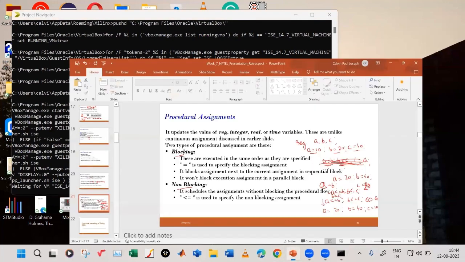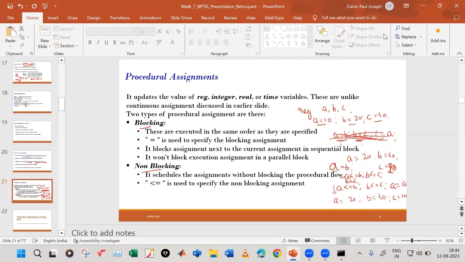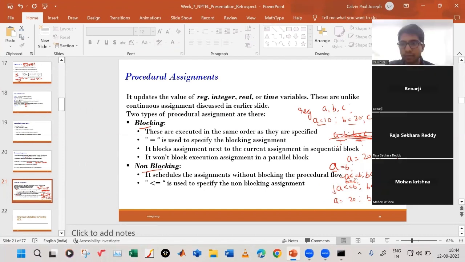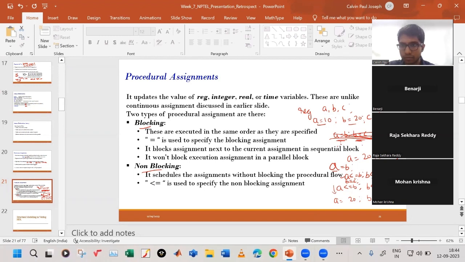What about the others? Have you installed Xilinx and are you using it? I have not installed it, but can you share how to install it, if you have time in this meeting? Is there any PPT kind of thing? I actually don't have any PPT. In last week's session, Tejas sir explained how to install, but that was for Windows 10. Tejas sir sent me that, but I couldn't use it because mine is Windows 11. Yes, sir, the same problem with me too.